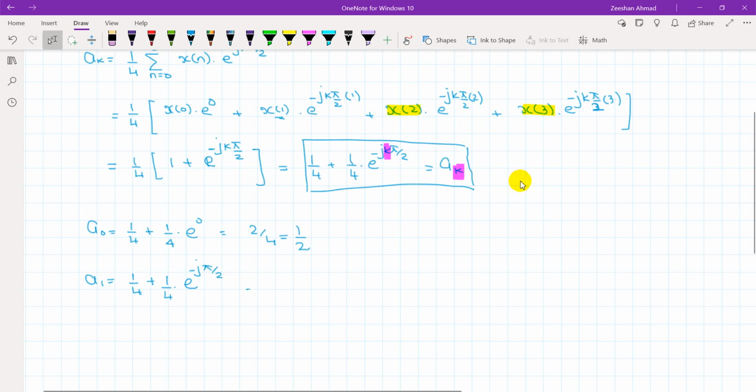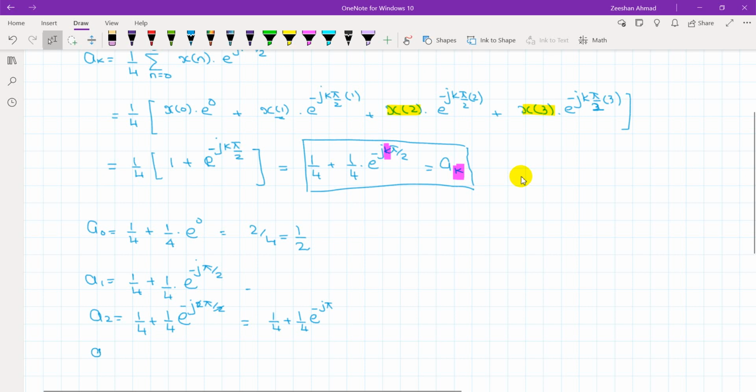Or if you want, keep it like this. Then a of 2 will be equal to 1 by 4 plus 1 by 4 into e power minus j 2 pi by 2 here. So 2 will cancel with this one, so I will get 1 by 4 plus 1 by 4 into e power minus j pi here.